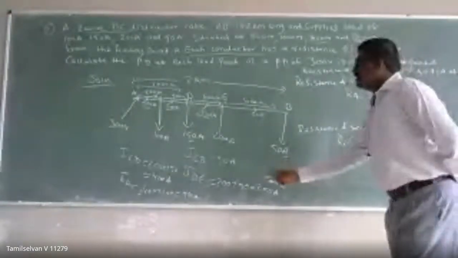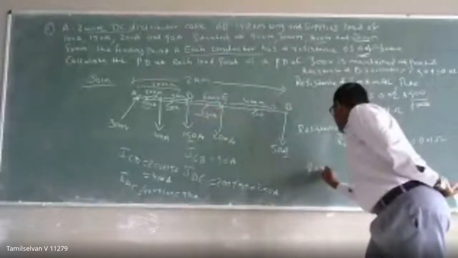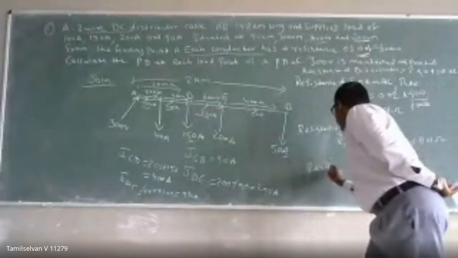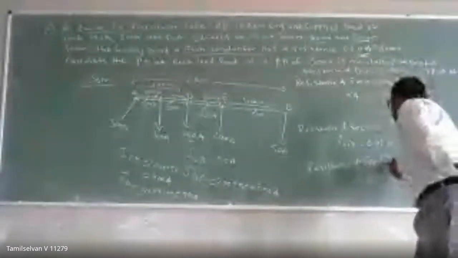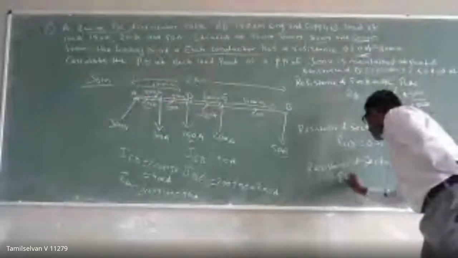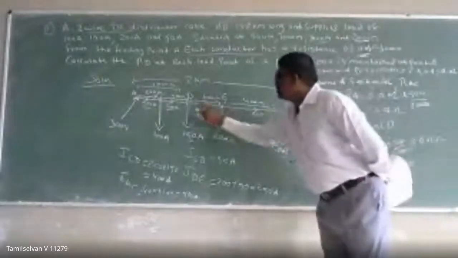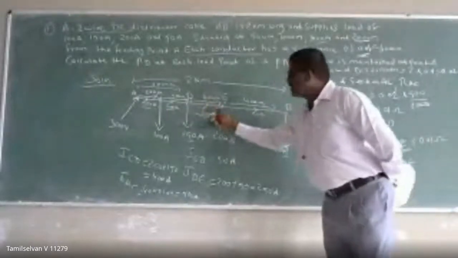So next, the resistance of section DE. R DE is equal to, what is the distance? Cable length, 600 meters.